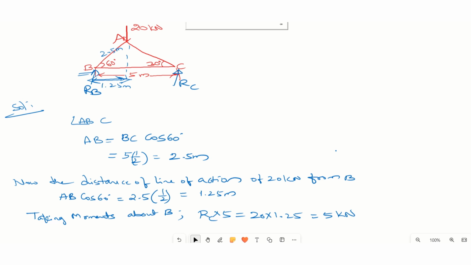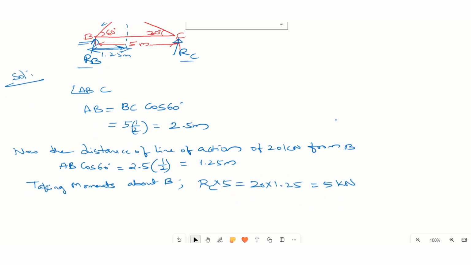To calculate RB, we know the upward forces equal the downward forces. In this truss the upward forces are RB and RC and the downward force is 20 kilonewton. So RB plus RC equals the total load.